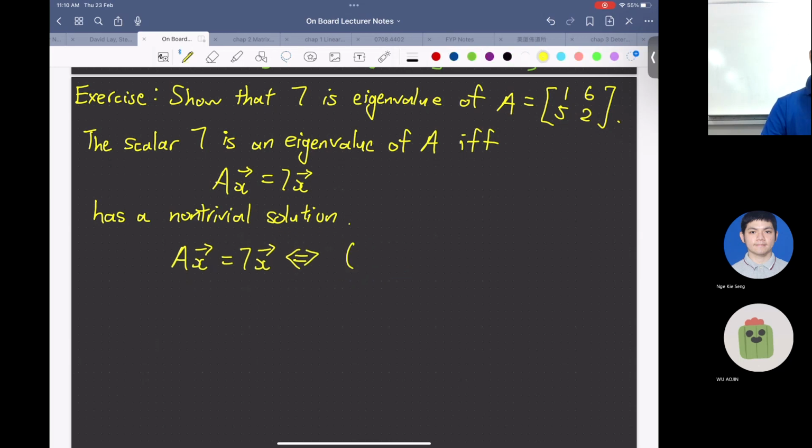A minus 7I times x equals 0. So what is A minus 7I?